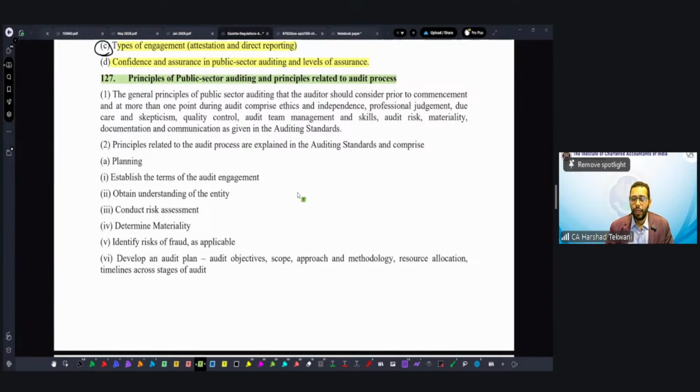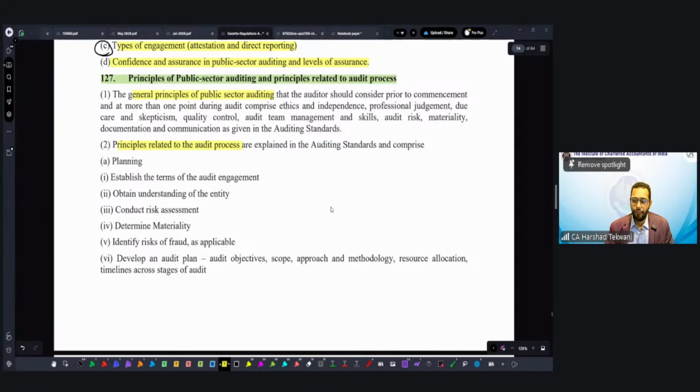So it divides into two categories: general principles of public sector auditing, and principles related to the audit process. When I talk about general principles, we already know a lot about these.